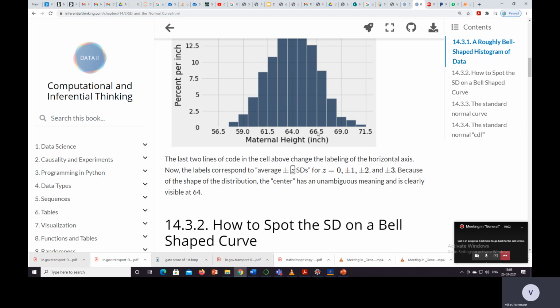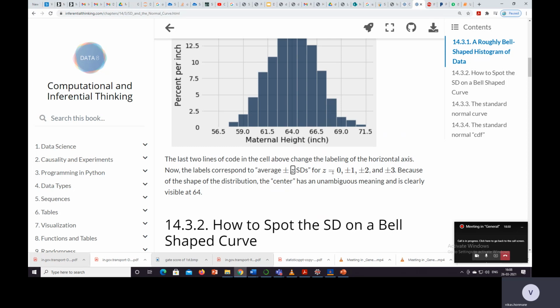Then plus 1 standard deviation away is 66.5, minus 1 standard deviation away is 61.5, then plus 2 standard deviations away is 69.0, and minus 2 standard deviations away is 59, then plus 3 standard deviations away is 71.5, and minus 3 standard deviations away is 56.5.